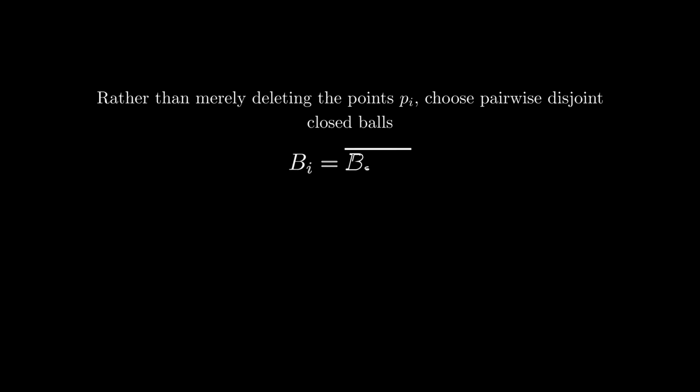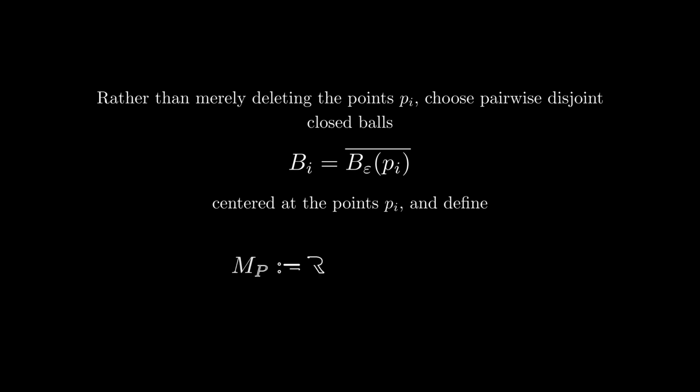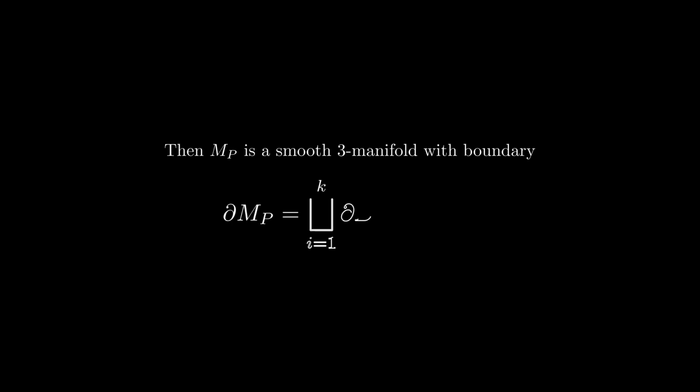And instead of deleting the points only, we will basically take these closed balls, disjoint, and which are centered at the points P sub i, and basically delete them from the surrounding R3.